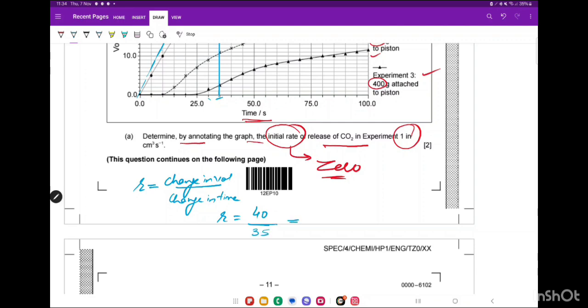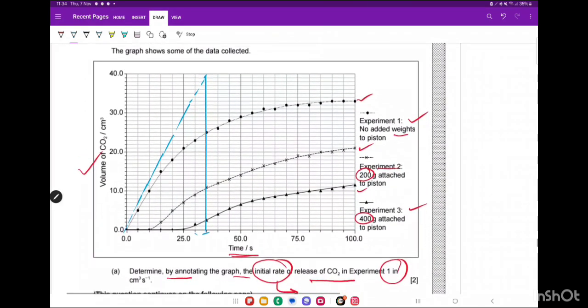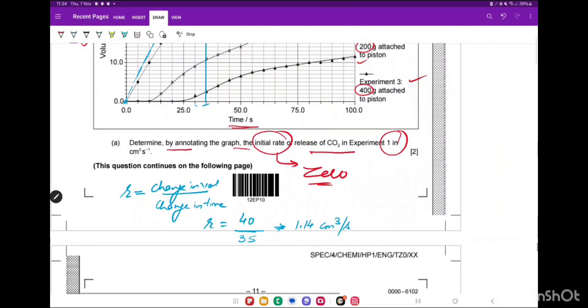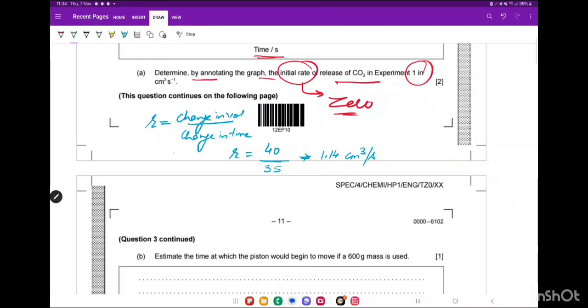Therefore, the initial rate will be 40 upon 35. That comes out to be 1.14 centimeter cube per second. That will be the unit. I hope you understood. We have to plot a tangent at the point 0, and the gradient or the slope of the tangent will give you the initial rate, which is R.